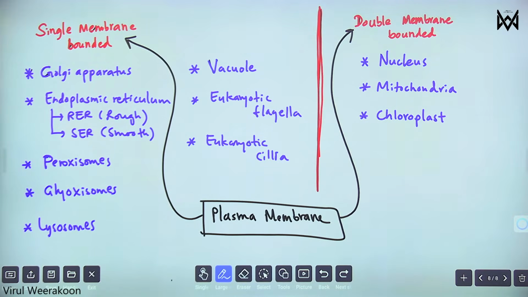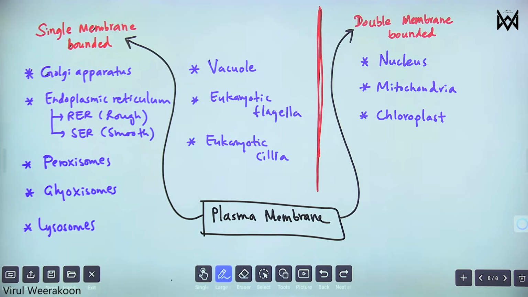So you have to figure out which are single membrane bounded and which are double membrane bounded. Only three for double membrane: nucleus, chloroplast, and mitochondria. These are found in eukaryotes.